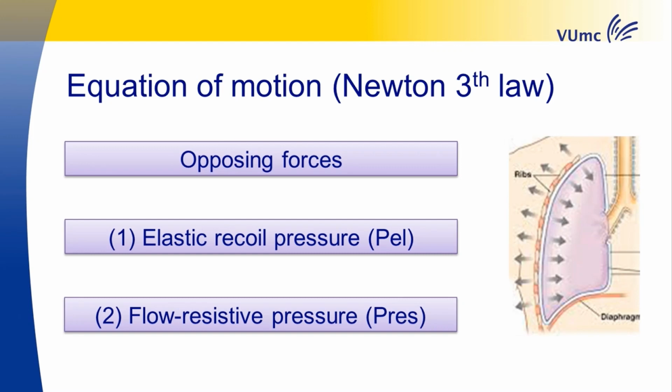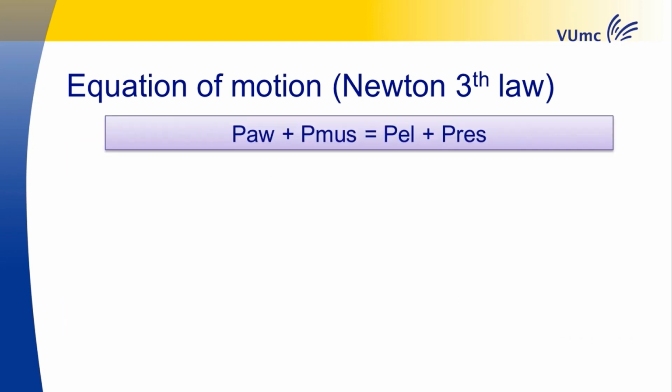And the other thing is, we have to overcome resistance. So there's a certain pressure needed to overcome resistance in the airways. So if I rewrite this, there are two pressures applied to the respiratory system, ventilator and muscle, and there are two opposing pressures, elastic pressure and resistive pressure. Right? Equation of motion.